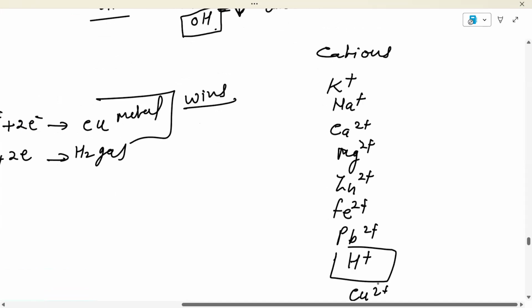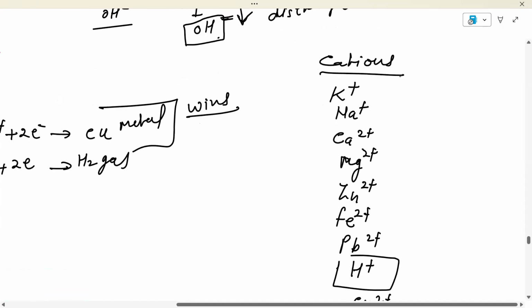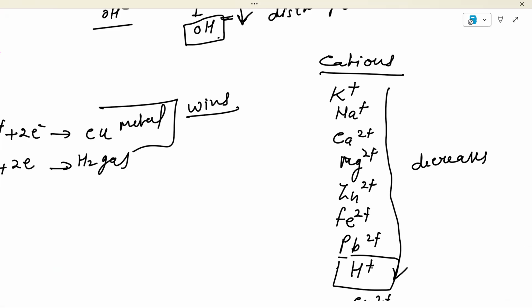Okay. So as we know very well, reactivity decreases from top to bottom. And the less reactive cation will lose its charge first.